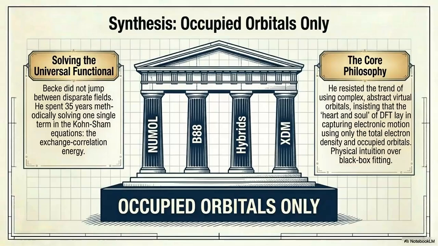His core philosophy stands as a bold defiance against modern complexity. While others chased abstract virtual orbitals, Becke insisted that the heart and soul of reality could be captured using only the total electron density and occupied orbitals. It was a triumph of physical intuition over black box fitting, ensuring that his legacy remains as structurally sound as the pillars supporting this quantum temple.